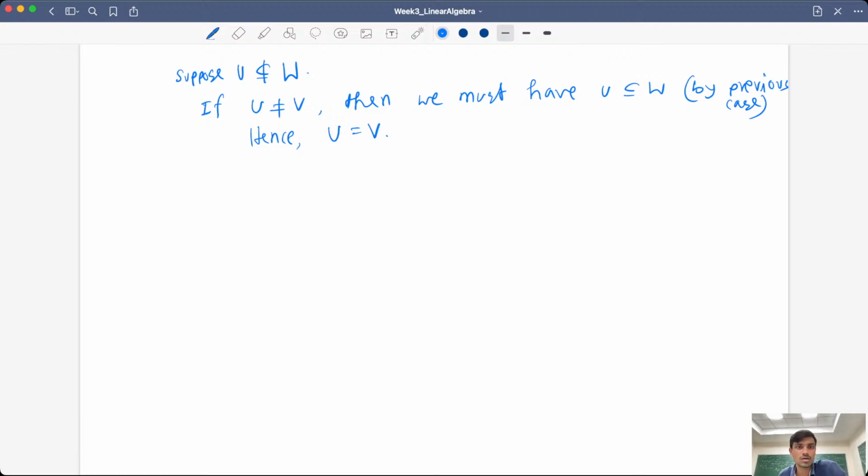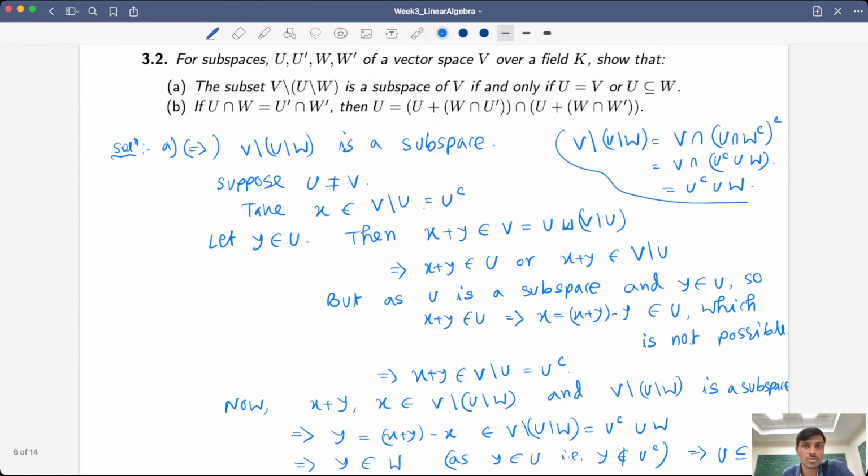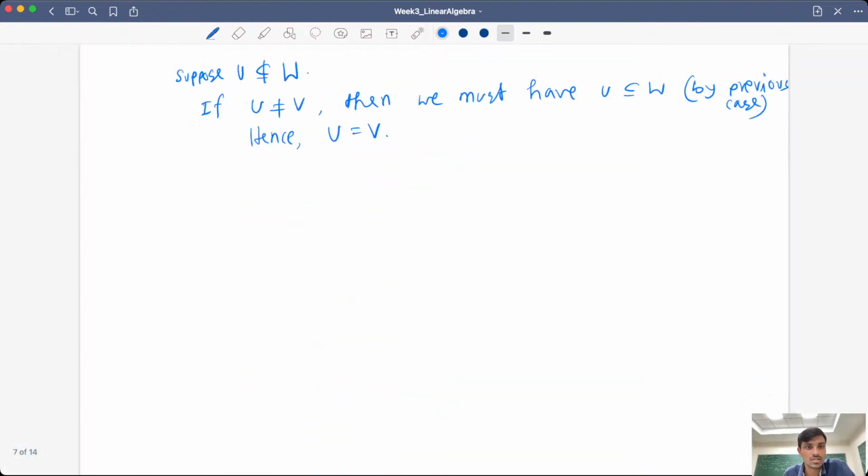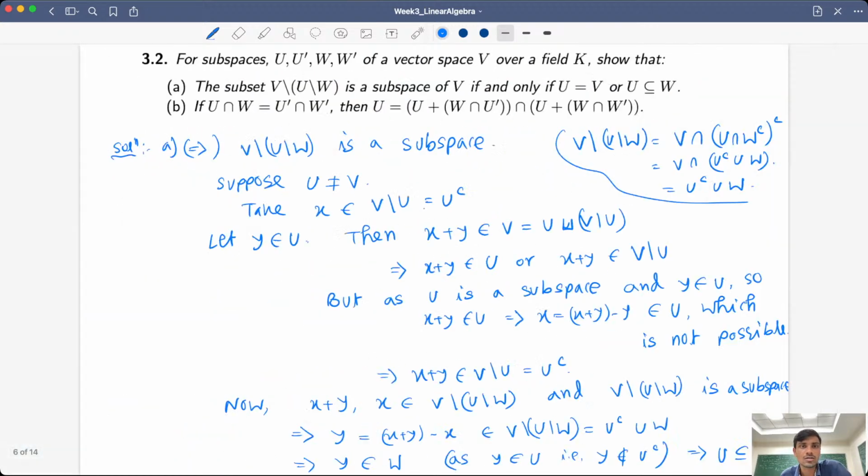Okay, so this takes care of the forward part: if we assume that this is a subspace, then either of these happens. Now what happens in the reverse case? That is easy, because if U equals V or U is contained in W, in this case if U equals V, then what is V minus U minus W?